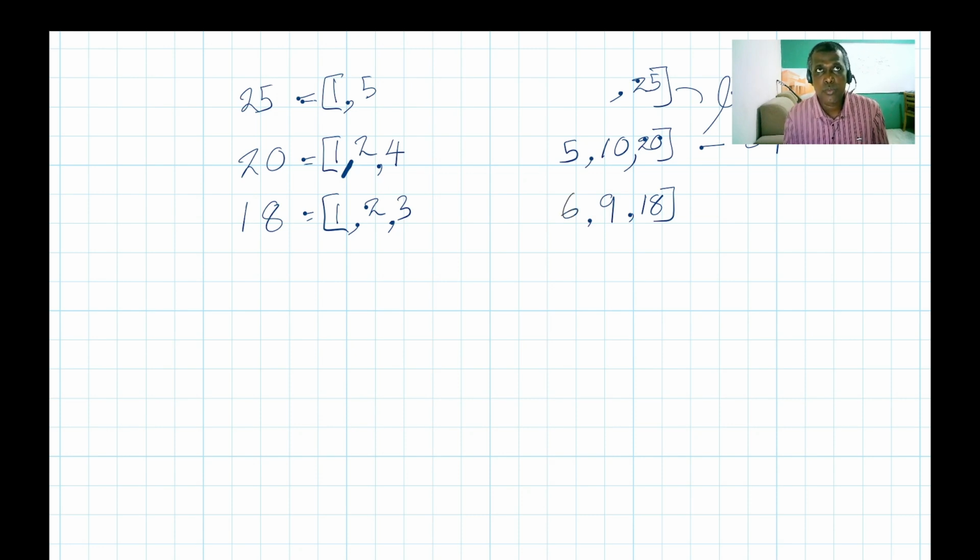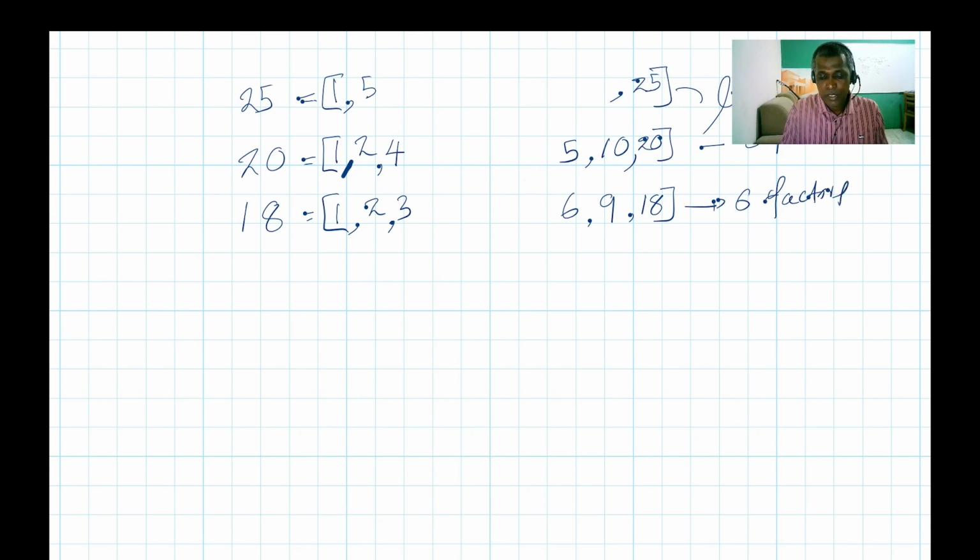No, 18 is not in the 4 table. 16 is there, then 20. Is it on the 5 table? No. It again comes to 6, which means I already closed. There are no other factors between 3 and 6. So the factors are 1, 2, 3, 6, 9, 18. How many factors are there? There are 6 factors.